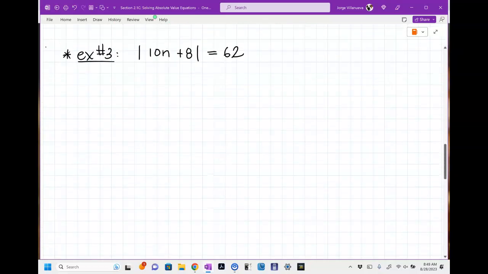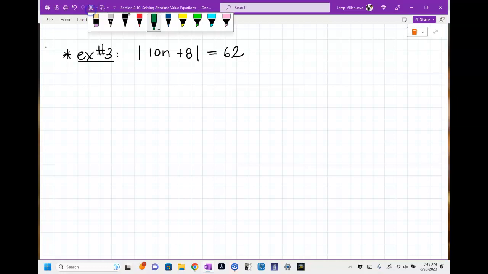So here's your next one, example number 3. Remember, we're doing 6 of them. They're gradually starting to get more difficult, okay? So the absolute value of 10n plus 8 is equal to 62, and I got to create two different equations. Okay?